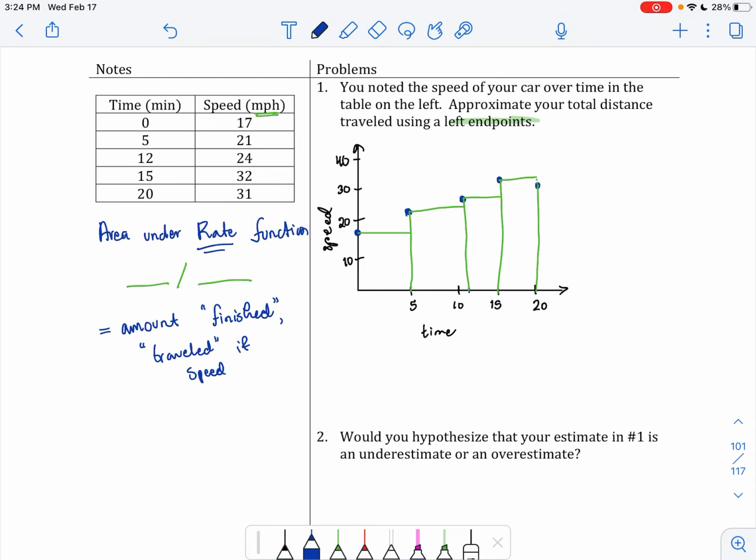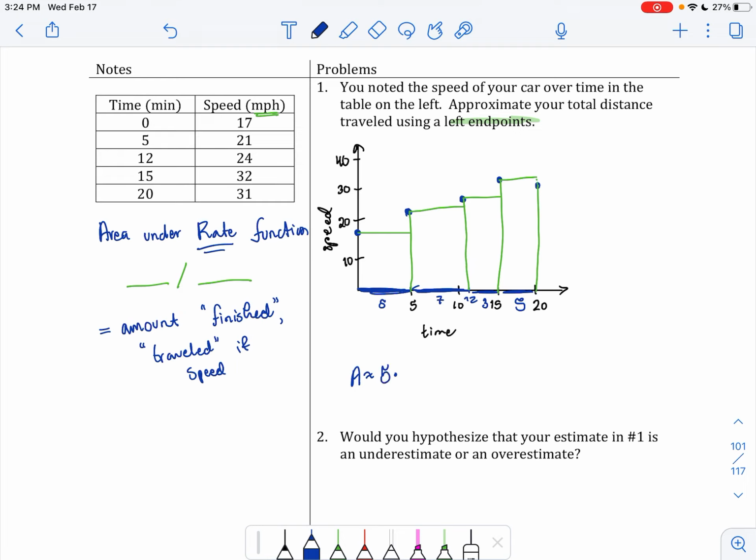Now in this case, you'll notice that your heights and your bases are going to be different. So unlike the last set of problems, here my base is 5. Here this is from 5 to 12, so that base is 7. This base here is from 12 to 15, which is 3. And we have another base of 5. So in this case, I'm going to write them all separately.